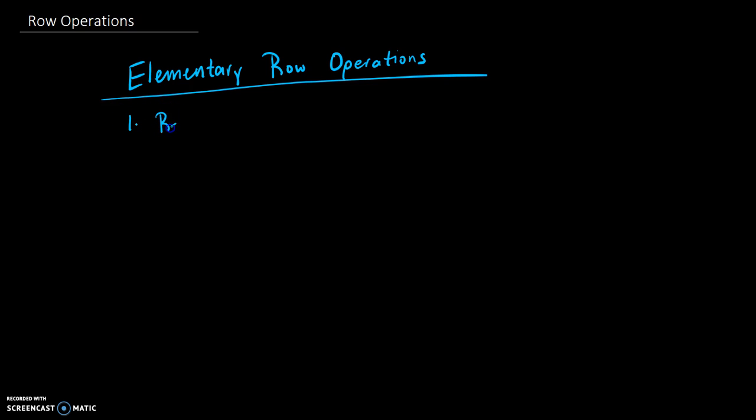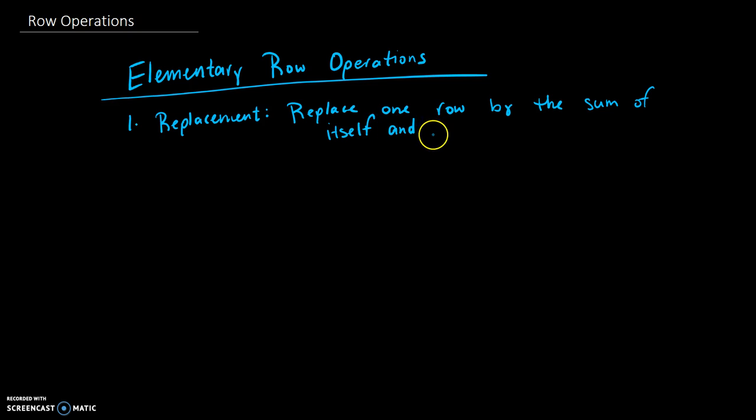So we have replacement. And replacement is kind of the granddaddy of them all. And that's where you replace, go figure, one row by the sum of itself and a multiple of another row.